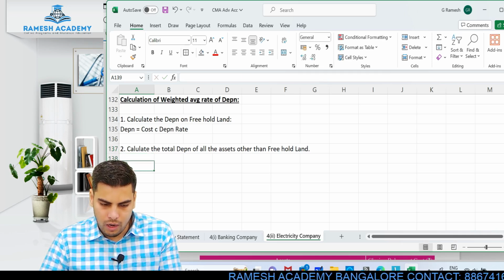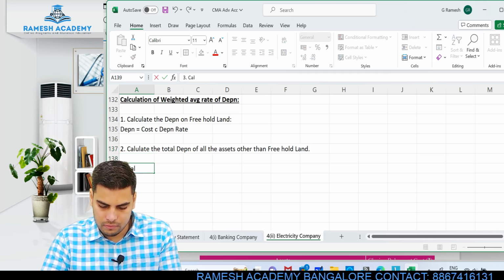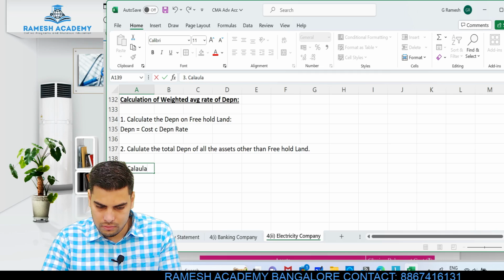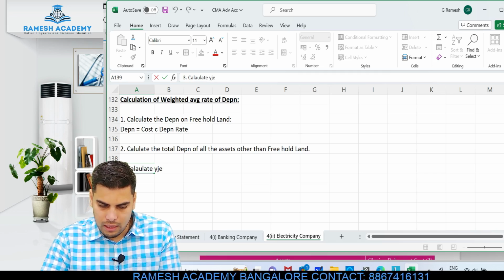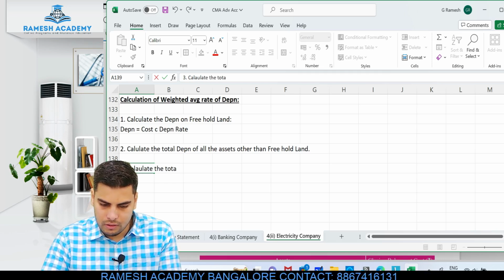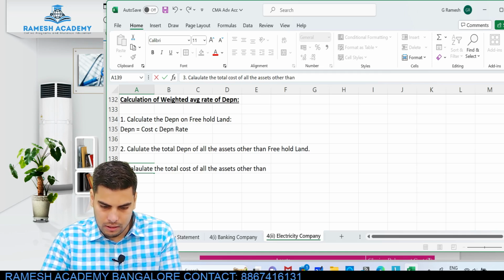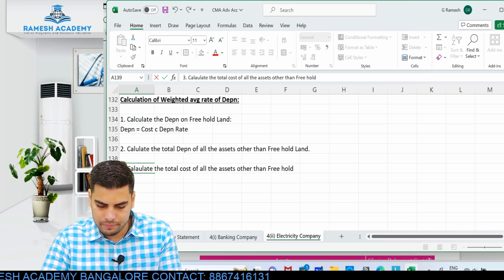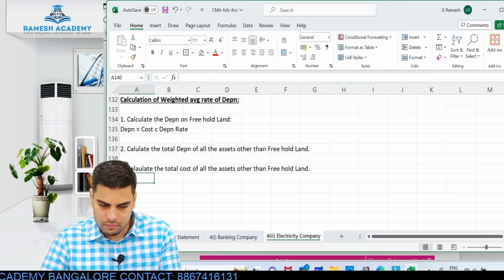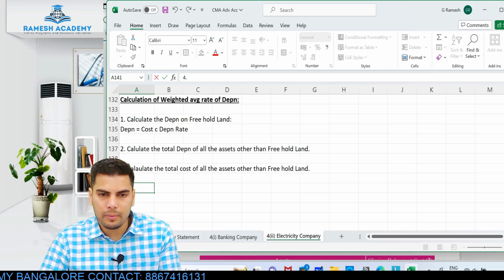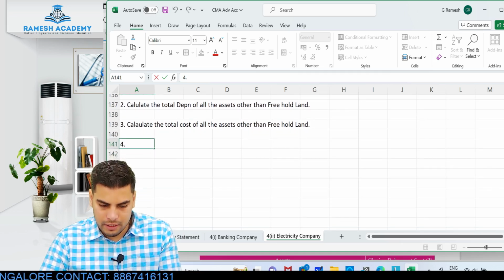Clear? After this, calculate the total cost of all the assets other than freehold land. So finally you guys will be able to calculate the weighted average rate of depreciation.